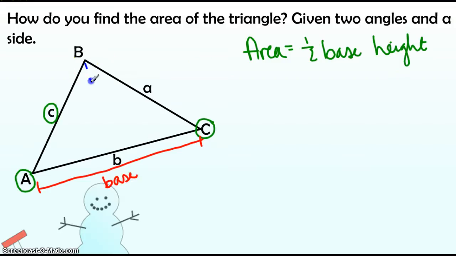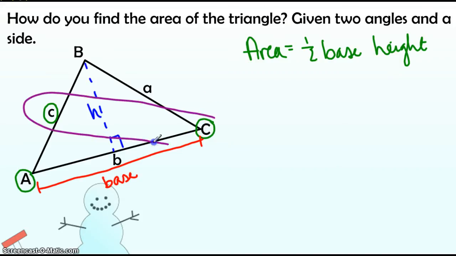So from B, we're going to drop in that altitude, and we need to find our height. So we have two things that we need to find. We need to find the base, and we need to find the height. Well, if we find the base, we can use the law of sines because I know an angle and its opposite side.